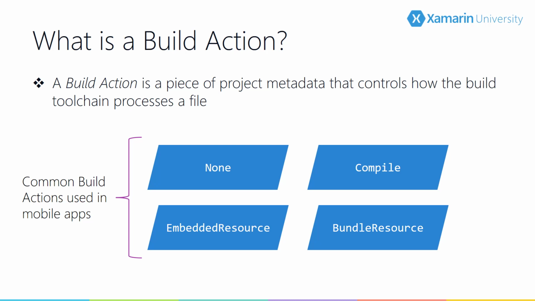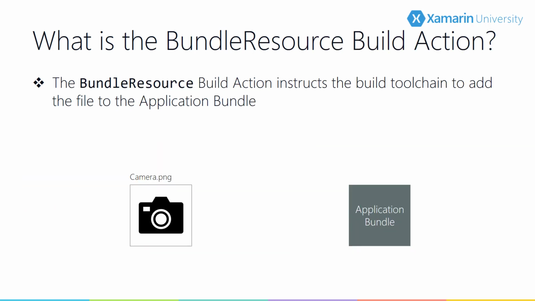For us today, we're interested in bundle resource. This is an iOS specific build action, and a bundle resource indicates that that asset or file should be included in the application bundle. So that's what that ensures.